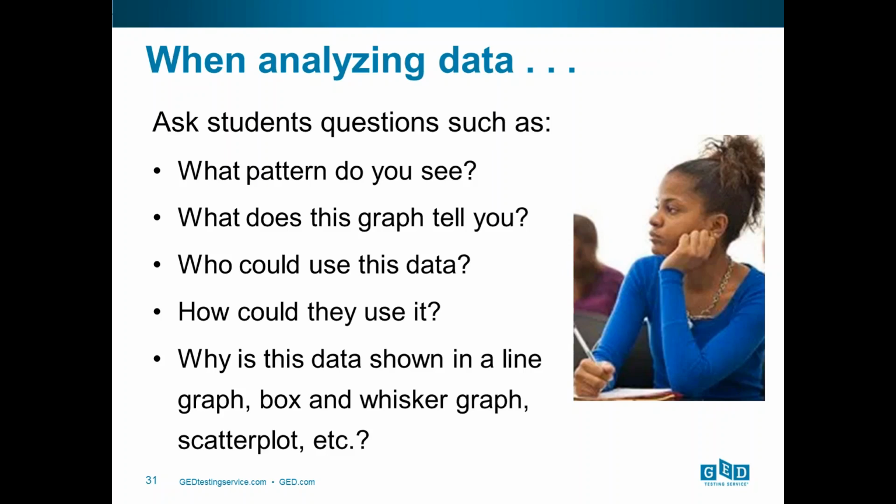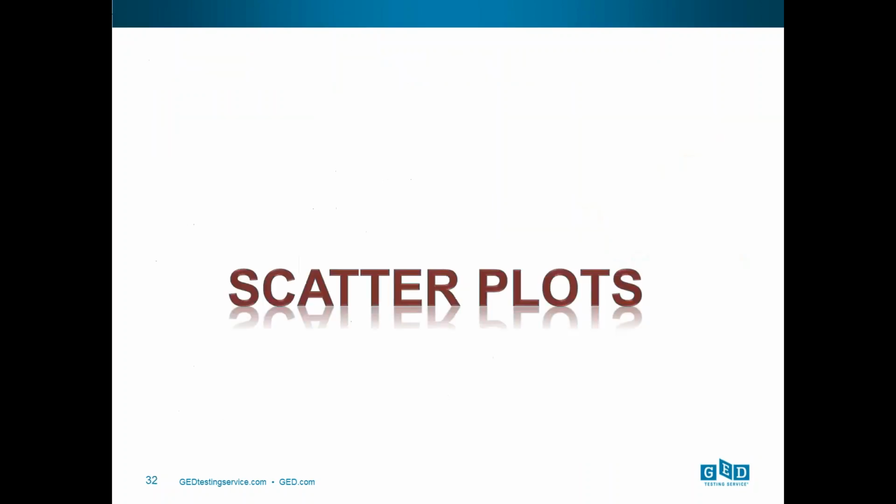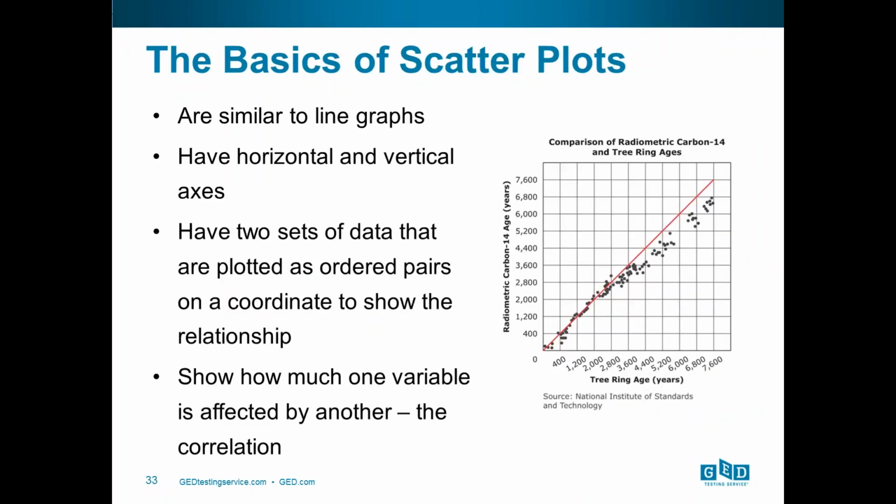So we've covered the basics, and these really are basics. But there are some other graphs that students may see on the test, but they're also seen in real-world situations. Scatter plots are very, very common. We see scatter plots all the time. In fact, they are similar to line graphs. They do have horizontal and vertical axes.